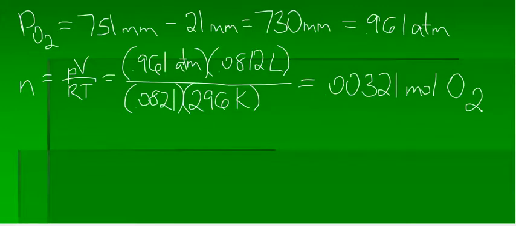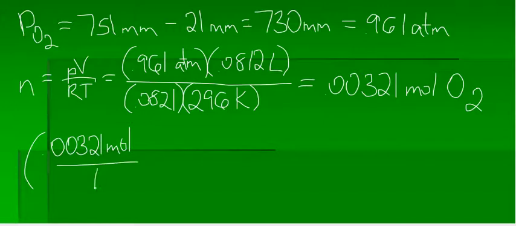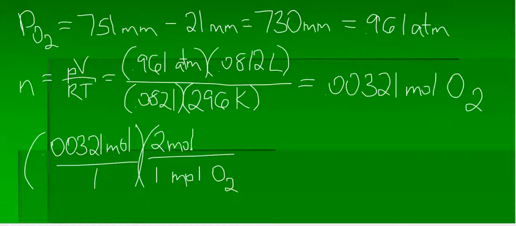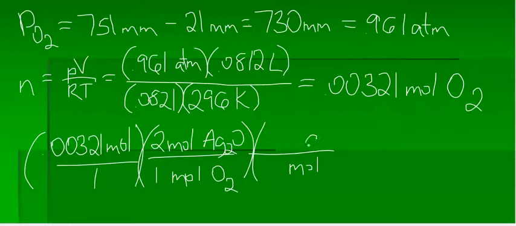We weren't asked for the moles of oxygen, we were asked for the grams of silver oxide. But now that we have oxygen and we have a balanced chemical equation, we can do some stoichiometry here. So take the 0.00321 moles, do your mole to mole ratio based on the chemical equation. It's 1 mole of oxygen for every 2 moles silver oxide. And then if I want to go to grams, add one more step there.